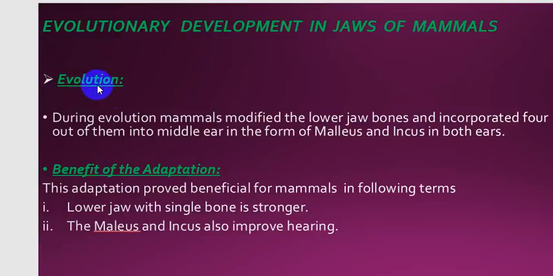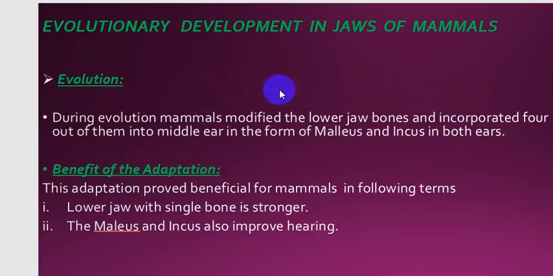During the evolution, mammals modified the lower jaw bones and incorporated some of them into the middle ear in the form of malleus and incus in both ears.